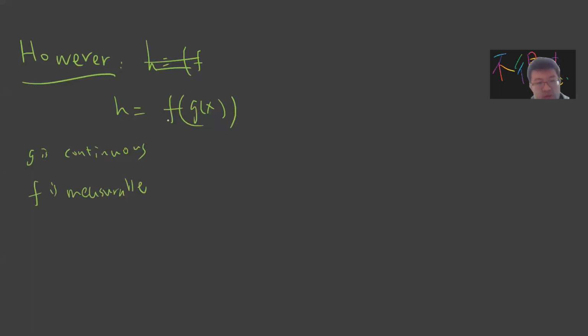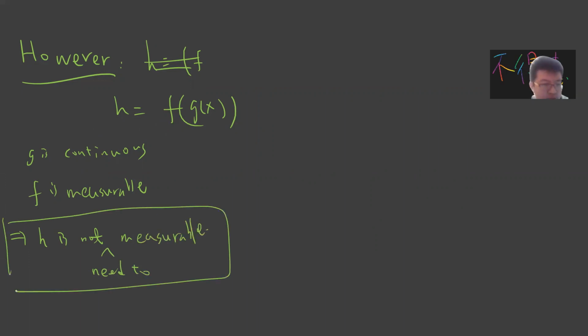Notice that if f is continuous, then h will be measurable, because continuous composed with continuous is continuous. But if f is only measurable and g is continuous, then h need not be measurable; it may not be measurable. This is an important counterexample, a non-intuitive one, which I will not talk about.